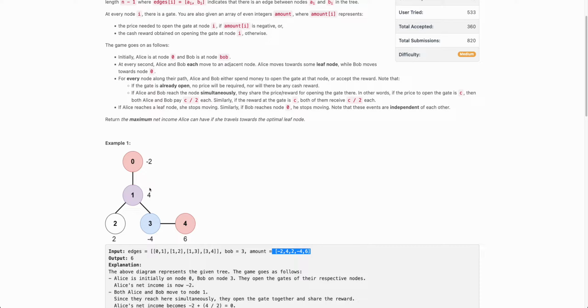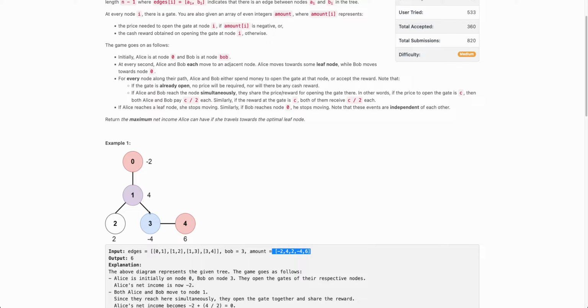So they both will either gain equally or lose equally. There are multiple possible paths that Alice can take or Bob can take. You need to find the optimal path that will give Alice the maximum income.